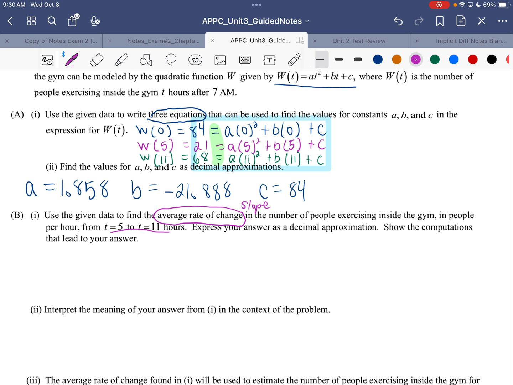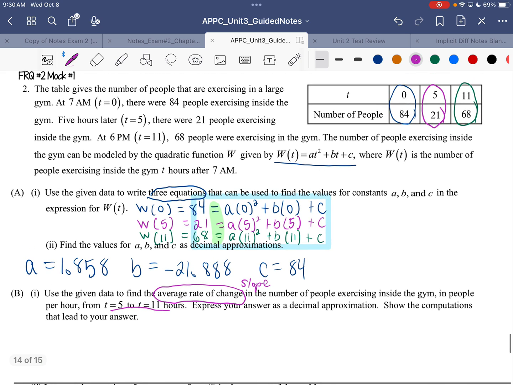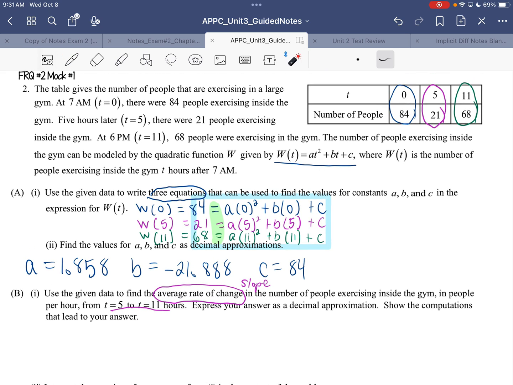They will always give you X values that were from the table. So they're never going to ask you to use X values like 4 and 10, because if your equation was wrong in part A, they don't want you to use that wrong equation and lose points on the rest of the question.